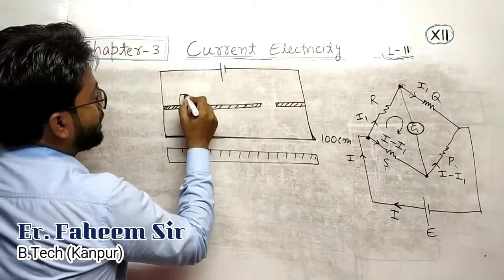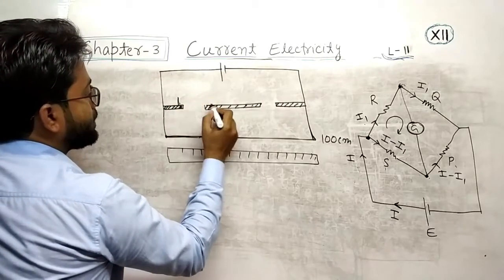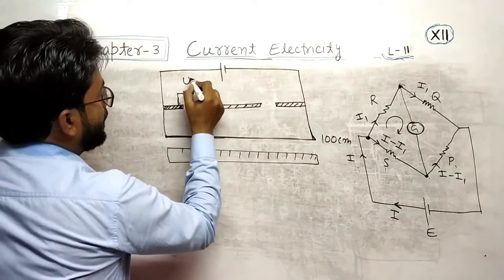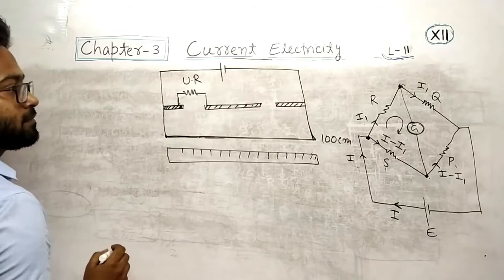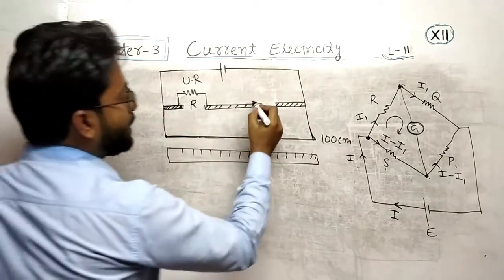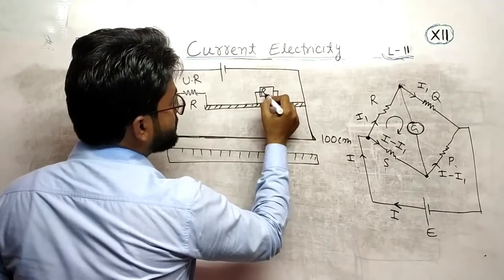Here you may connect the unknown resistance that is equal to R. Here you can connect a resistance box.